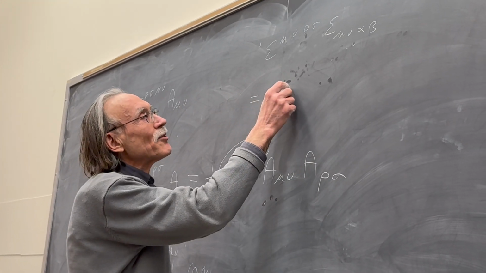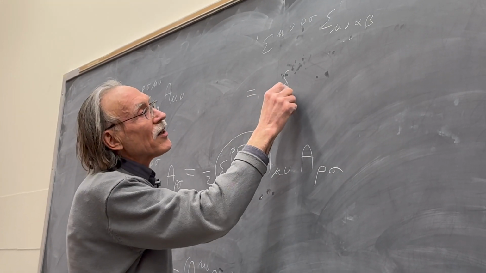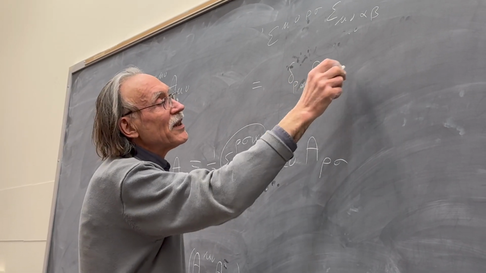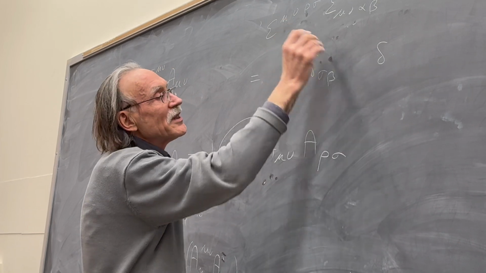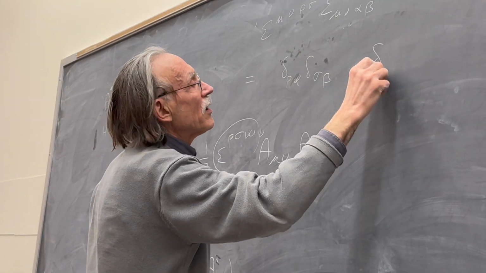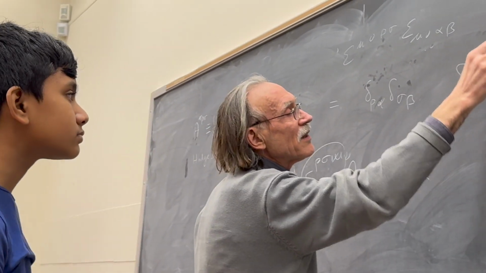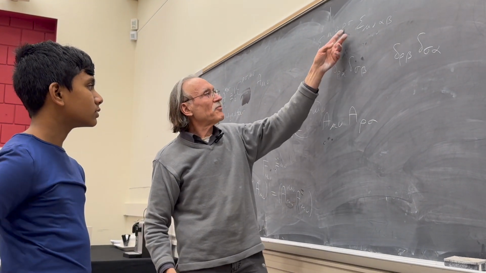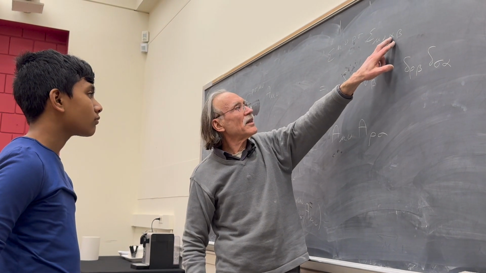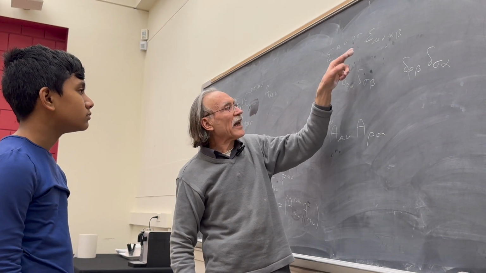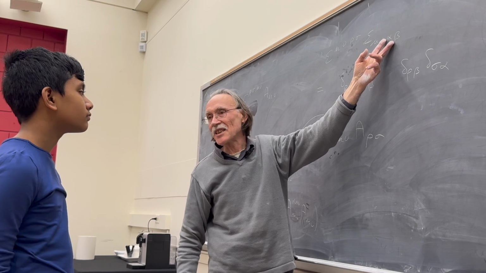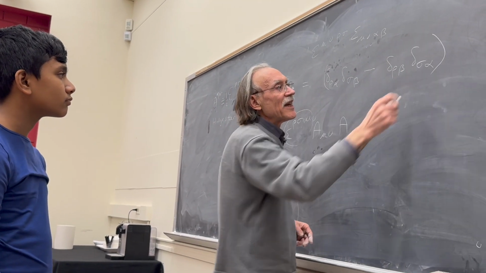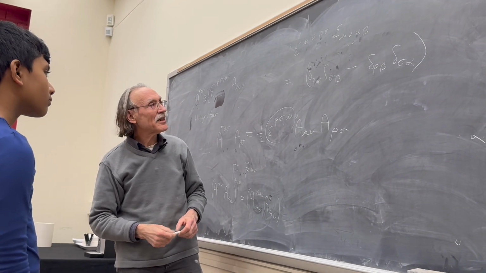So this must be equal to delta rho alpha delta sigma beta, and the other term is delta rho beta delta sigma alpha. Because this corresponds to just interchanging these two, that gives a minus sign. That means there must be a relative minus sign.